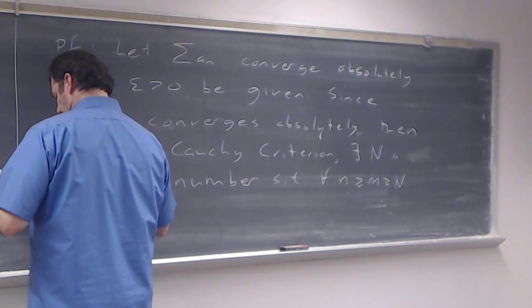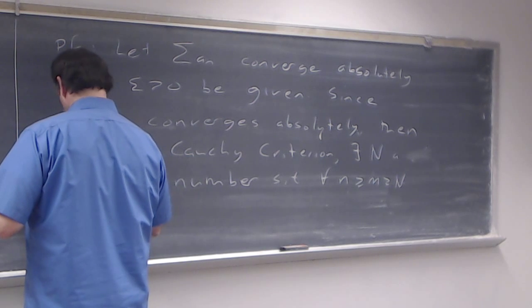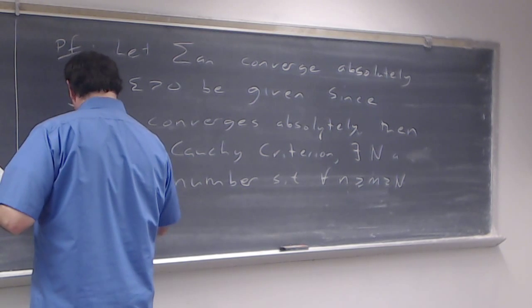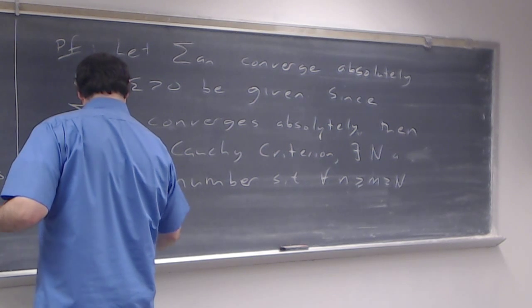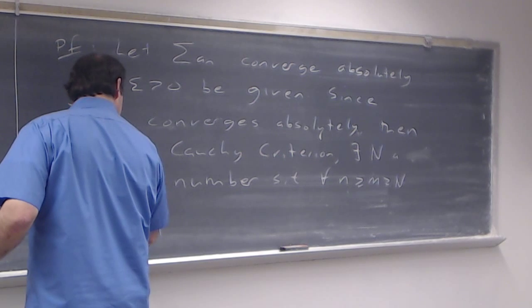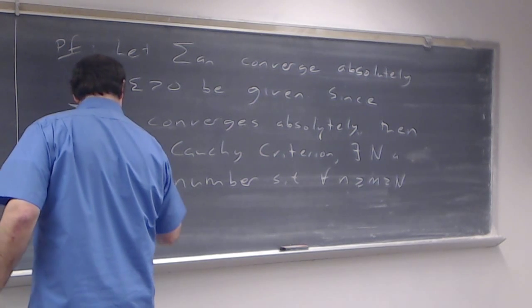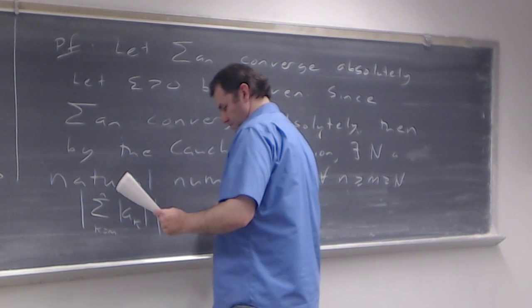the sum of the absolute values of a sub k, as k runs from m to n, will be less than epsilon.